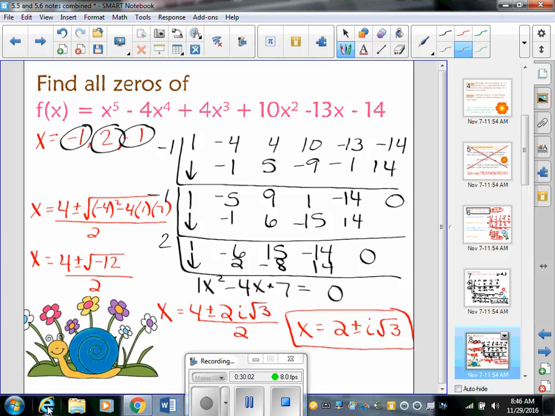So how many answers is this? 2, 3, 4, 5. You got all 5 answers? Is it possible we can graph one of these and all of the answers show up on the graph? It's absolutely possible. So what happens when you get those ones? You write them all down. You get real excited. You move on. Sometimes it happens.